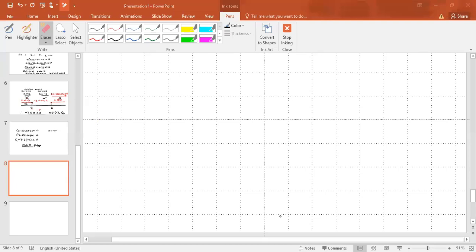Okay, so let's look at a case where you have a fraction like this. So that was straightforward. That's how you do it.